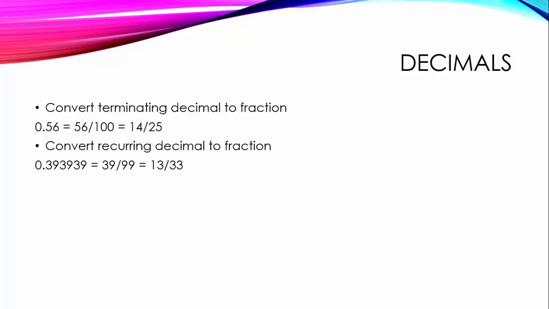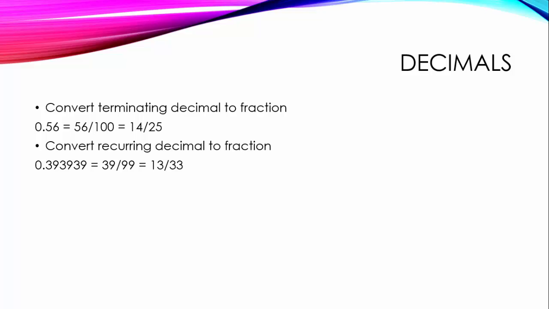Remove the decimal point from the number. So you get 56. Put 1 under the denominator and annex it with 0 as many as the total number of digits that you calculated. So the denominator will be 100. So you get 56/100. Then reduce the fraction to its lowest terms, which will give you 14/25.